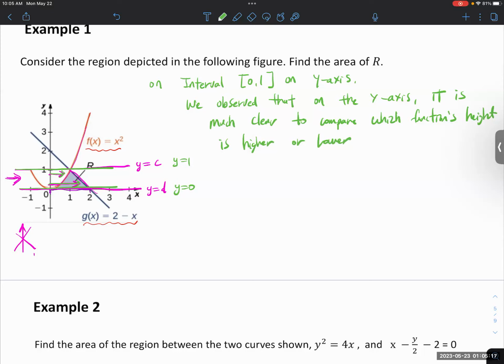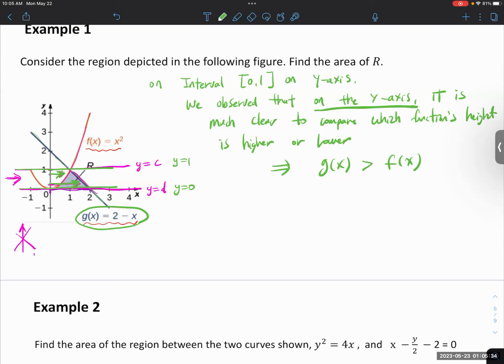Therefore, you can see that on the y-axis, the g function height is always higher than the f function. You see that? This purple is always higher than the orange one.